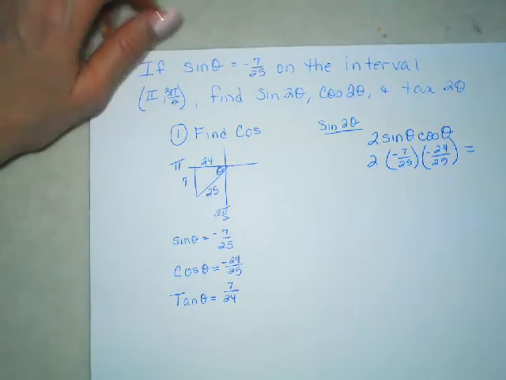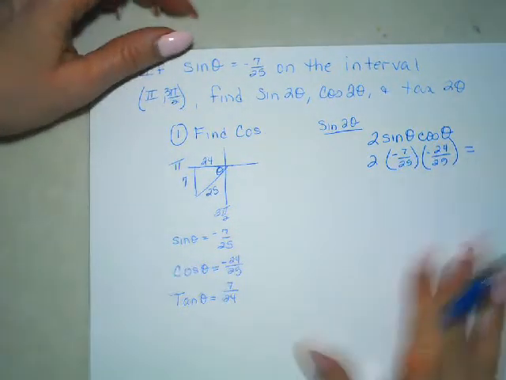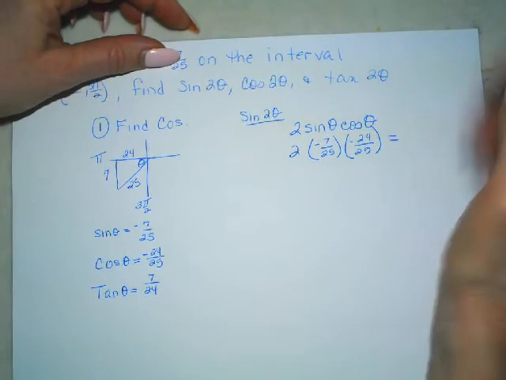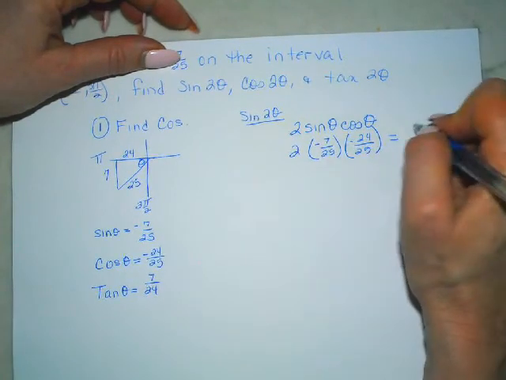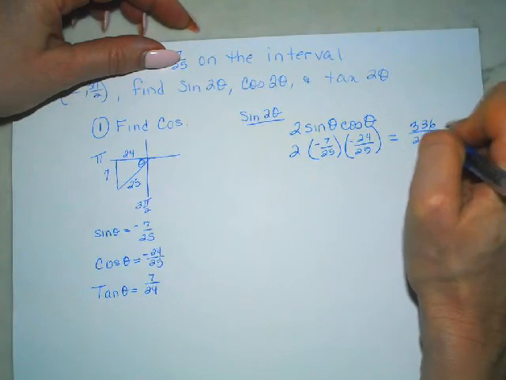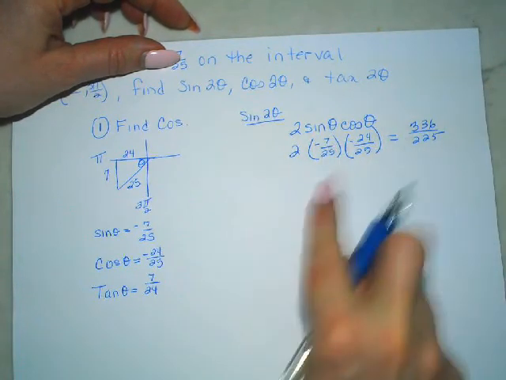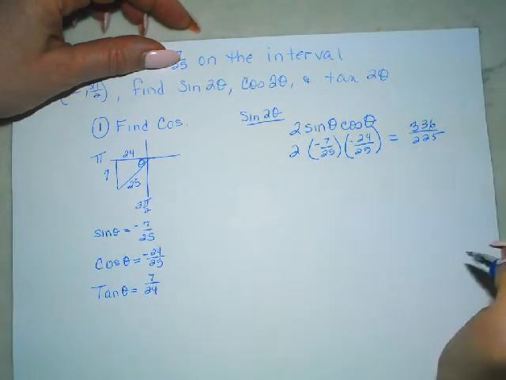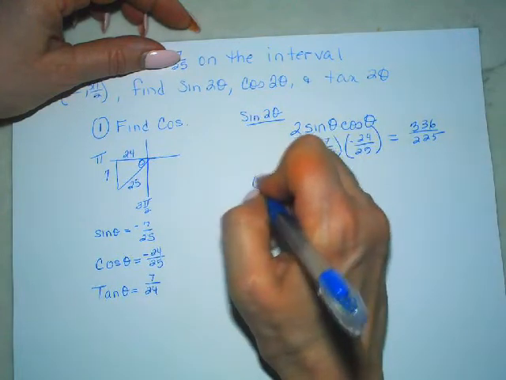I actually did the math before I did the video, so I know that when I multiply this whole thing out, negative times negative is positive, I'm going to get 336 over 625. As you can see, nothing can be reduced in here, so this is your final answer.